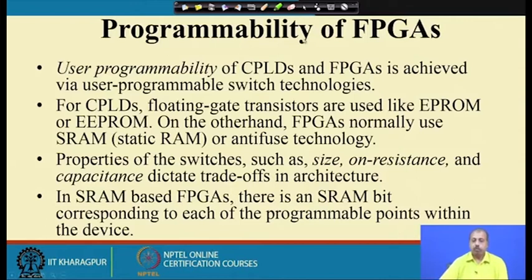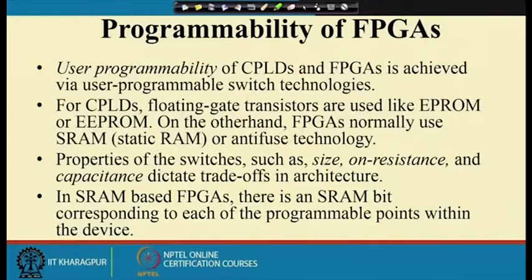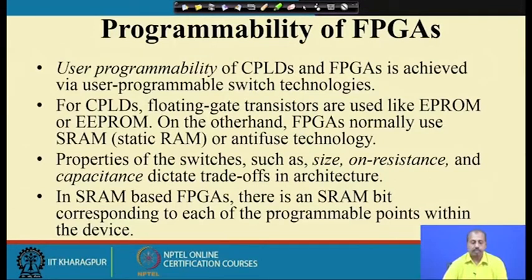So, if we look into this programmability feature, user programmability of CPLDs and FPGAs is achieved via user programmable switch technologies. So, both CPLD and FPGA use some sort of switch technology. For CPLDs, we have floating gate transistors like EPROM or EEPROM. So, floating gate transistors, you know that these are transistors.